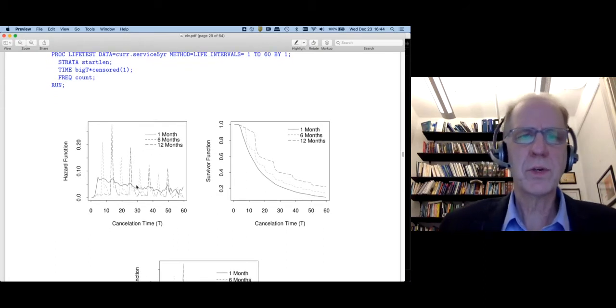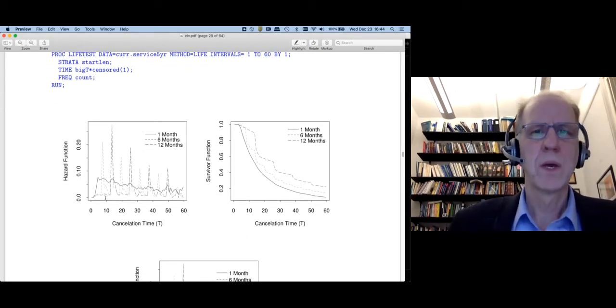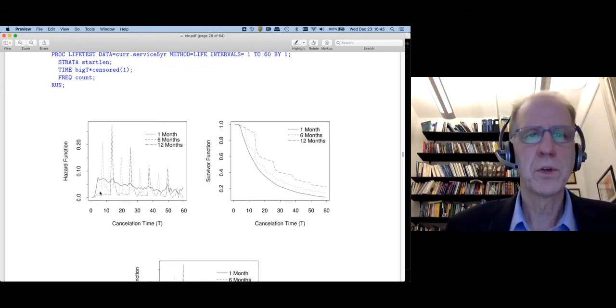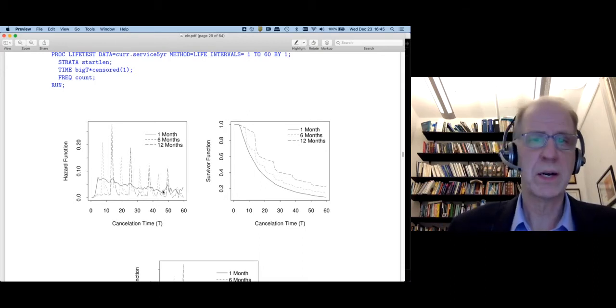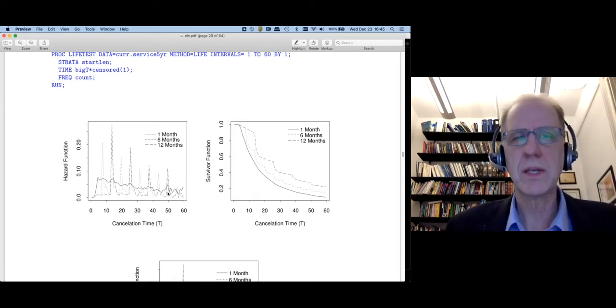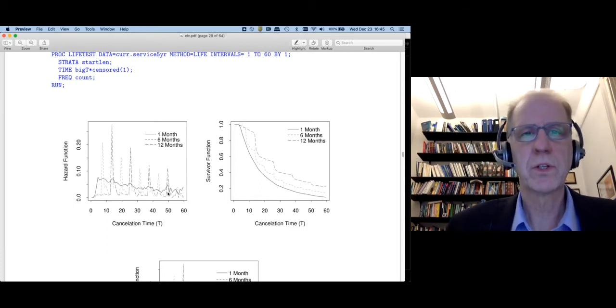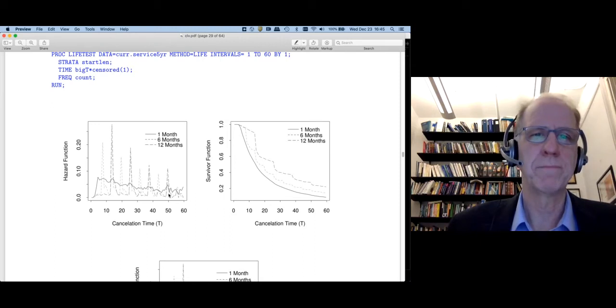And so it's kind of interesting to compare these. The solid line shows those who were on the 1-month contracts. And what you see is that there's a fairly high hazard rate at first, but then it declines over time. So it's very common to see that declining hazard function the longer you've been a customer.